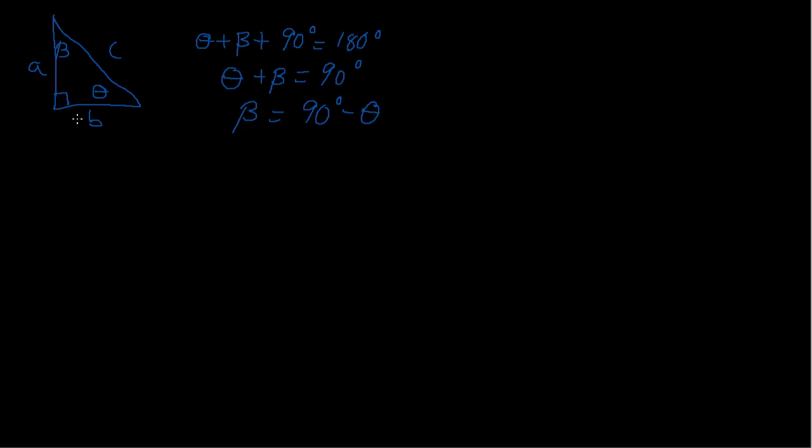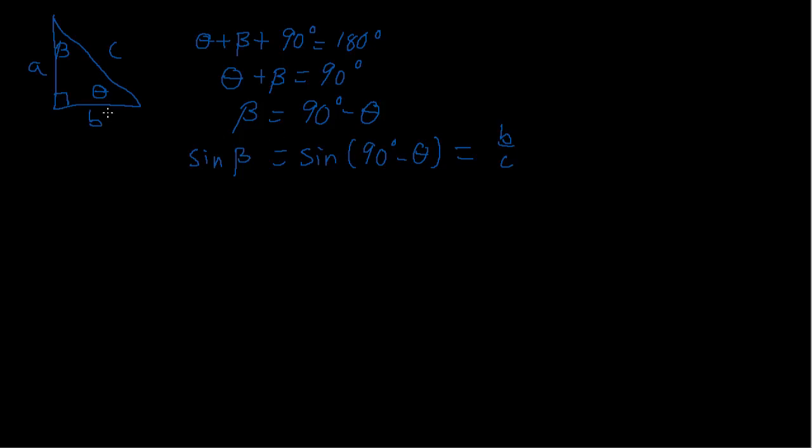I also know, using our right triangle trig definitions, that if I take the sine of beta and the sine of 90 minus theta, those must be equal. Looking at my figure, the sine of beta is opposite over hypotenuse, so both of these have to equal b over c.